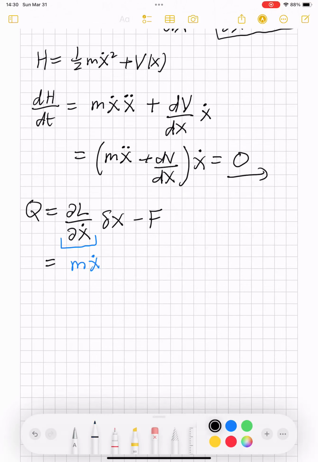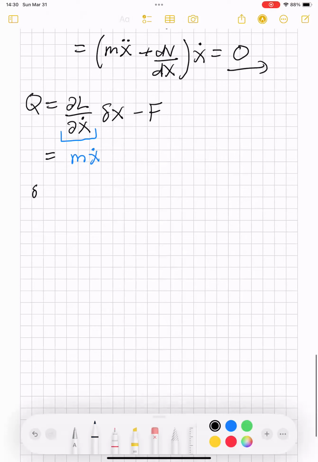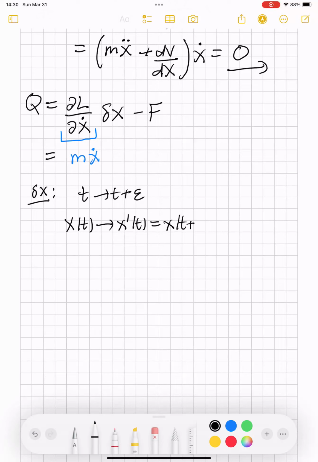Now let's work out what delta x is. So now we want to get hold of delta x. Now remember what we do? We change t into t plus epsilon. Epsilon's infinitesimal. So that means that x of t goes into x primed of t, which is equal to x of t plus epsilon.